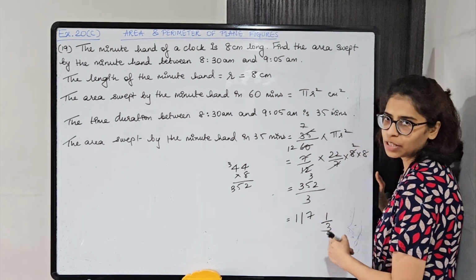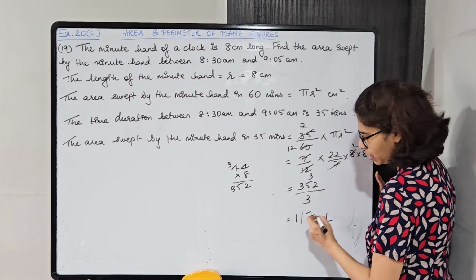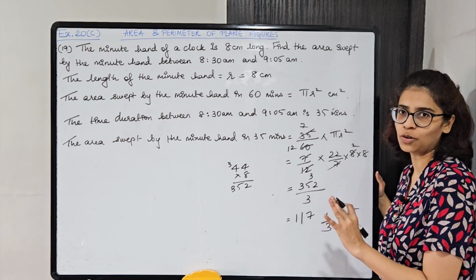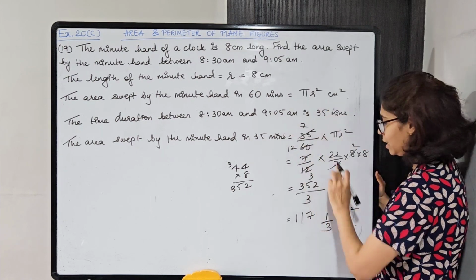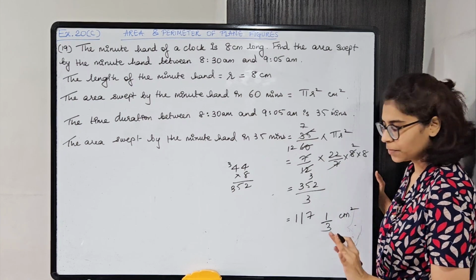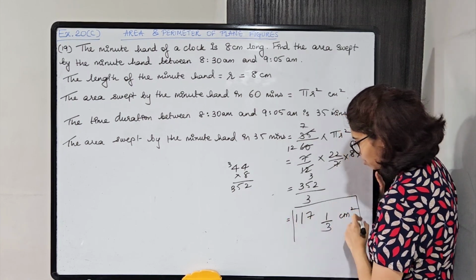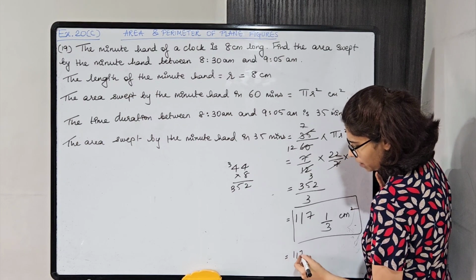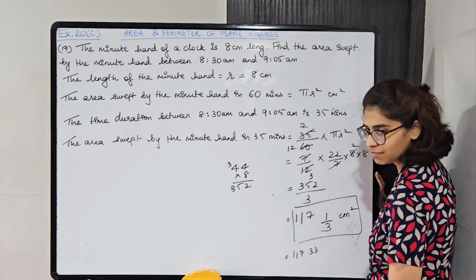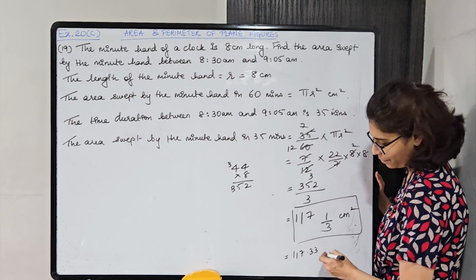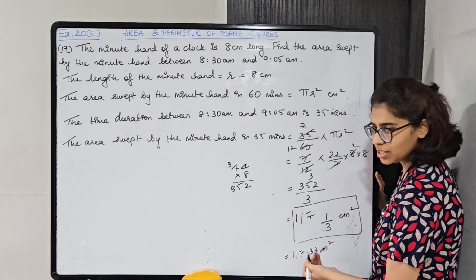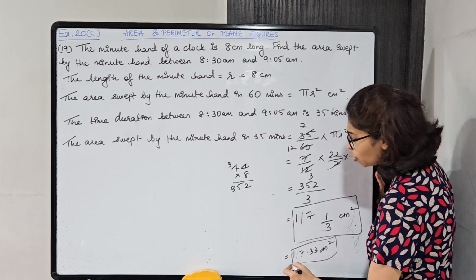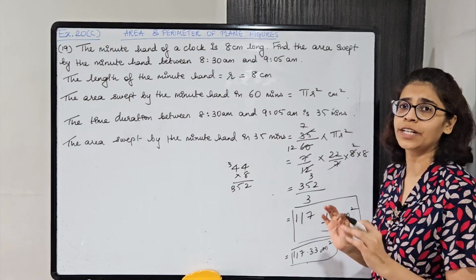So 117 1/3 हो जाएगा. मिक्स फ्रैक्शन फॉर्म में आंसर स्क्वायर सेंटीमीटर. डोंट फॉरगेट द यूनिट, वेरी वेरी इंपॉर्टेंट. जहां पे भी एरिया लिख रहे हो वहां पे यूनिट लिखो. ओके. सो दिस इज द आंसर. इन डेसिमल फॉर्म यू विल गेट 117.33. 3 रहकर होगा. ओके, दिस एज वेल इज करेक्ट. ओके. So don't forget to box the answer and don't forget the units.